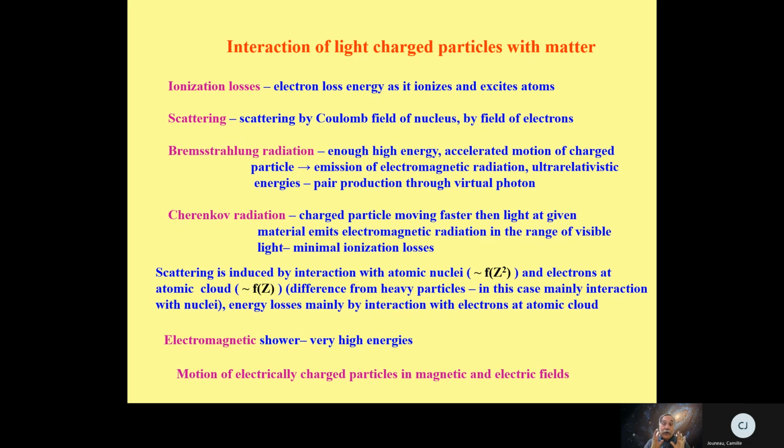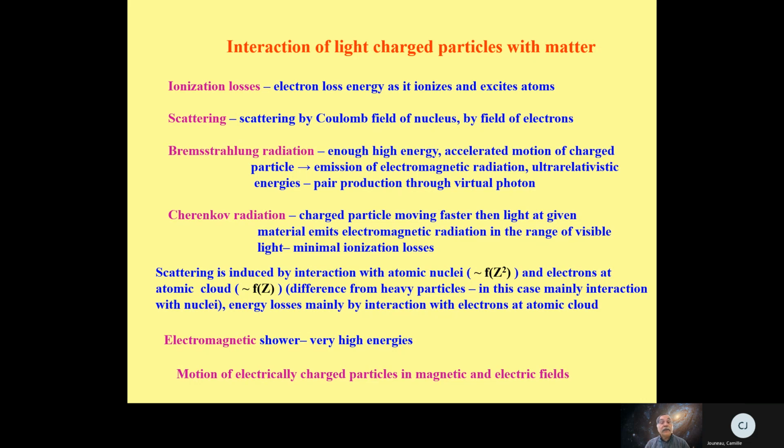This is for very high ultra-relativistic energies. It is also possible not only to emit a gamma photon, but to produce a pair of electron and positron. This is pair production by a photon. This is the third possible interaction of charged particles.